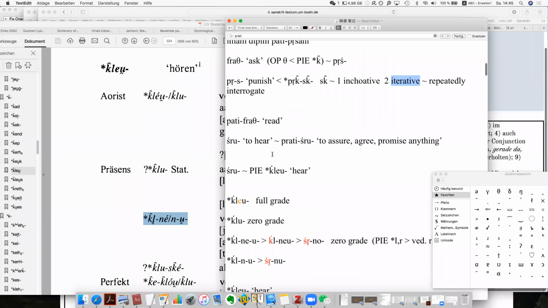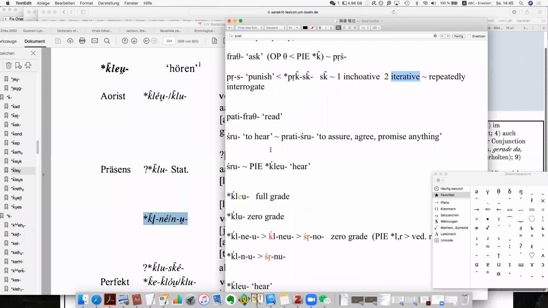Okay. And then, in order to explain this, we use another example. Namely, shru means to hear, but prati-śru means to assure, to promise something. Okay.